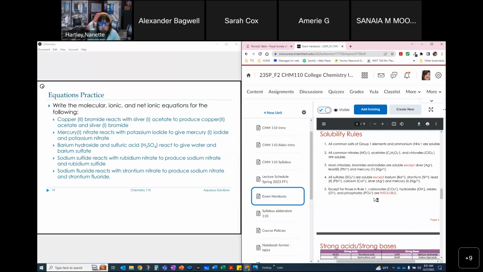I will walk through what I would have written for the ionic for most of them, and I will definitely go through what I would have written for the net ionic for all of them. Okay, but we'll pick and choose. I'm not going to write all 3 for all of them just because it takes forever. So if there are any that you particularly want me to do, let me know. But I want you guys to practice with this for a little bit before I do it. Okay.